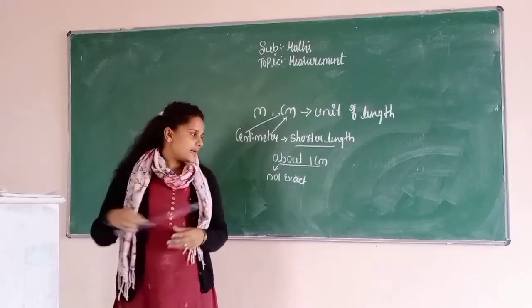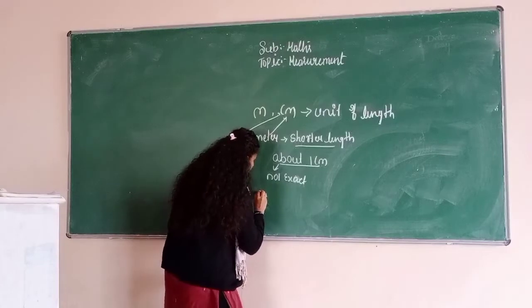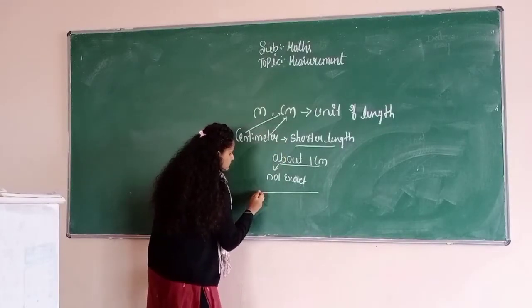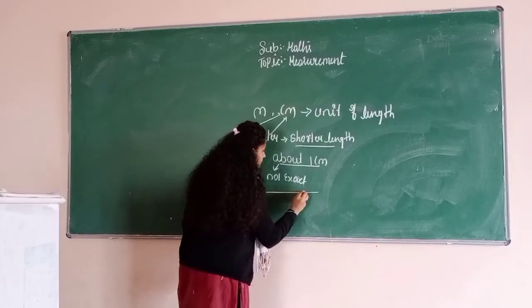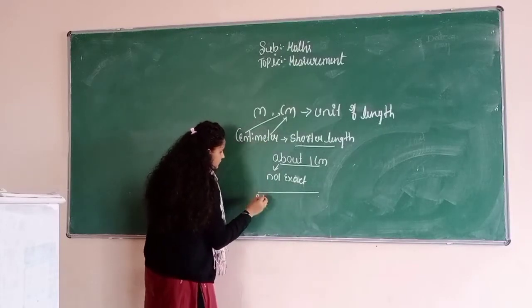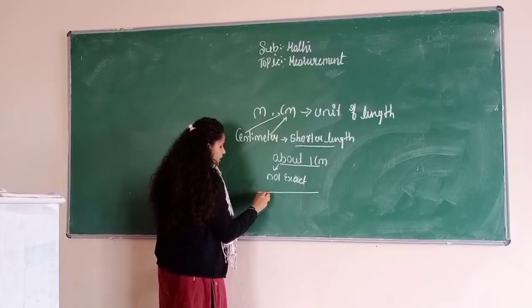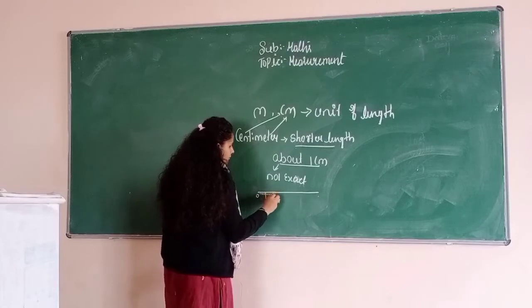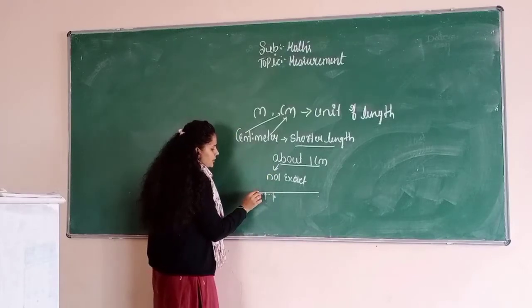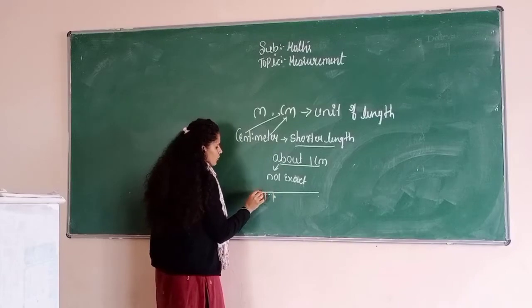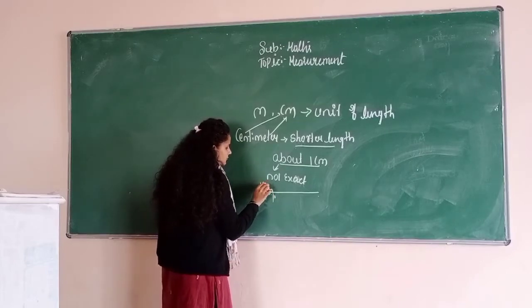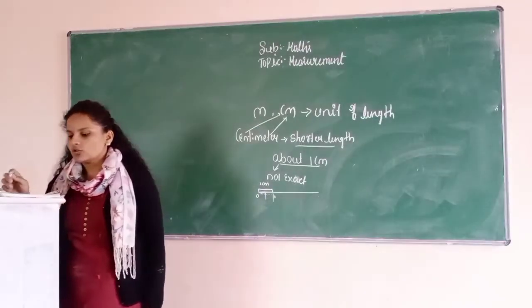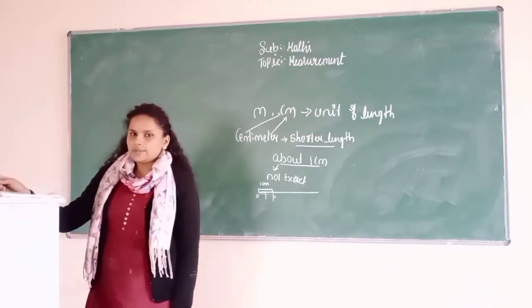I will write the scale over here. 0, 1, 2, 3, 4, 5. From here to here, that is 1 centimeter. From 0 to 1, it is 1 centimeter.